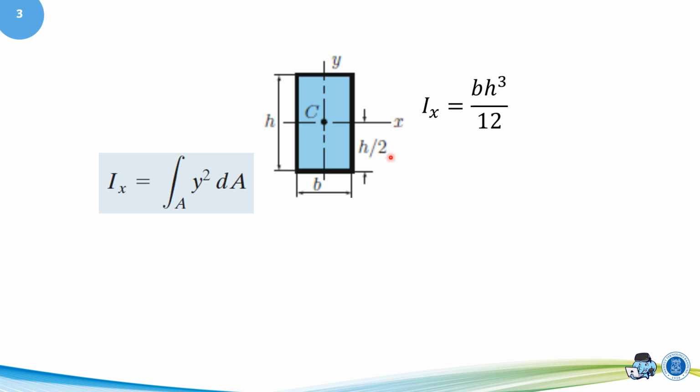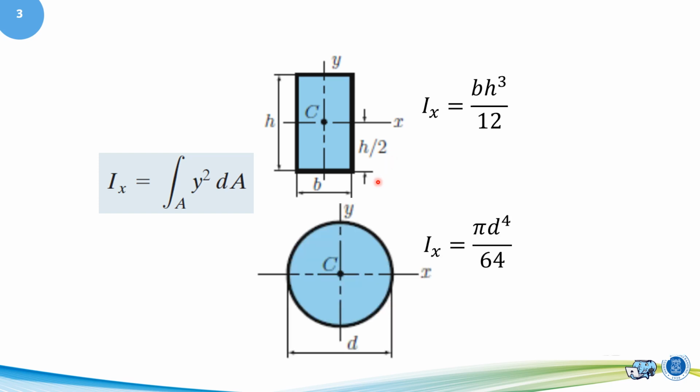The other shape that I want to discuss is the circular shape. Using this equation as well, we can find that the moment of inertia against the x-axis will be pi d to the power of 4 divided by 64.